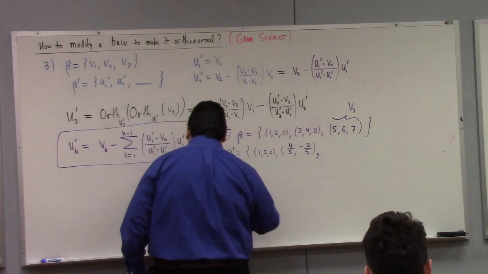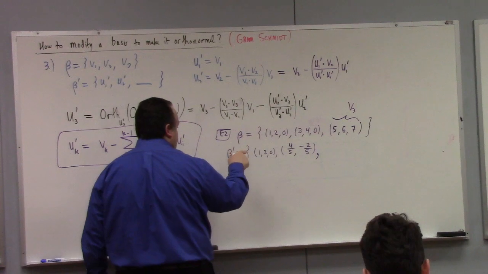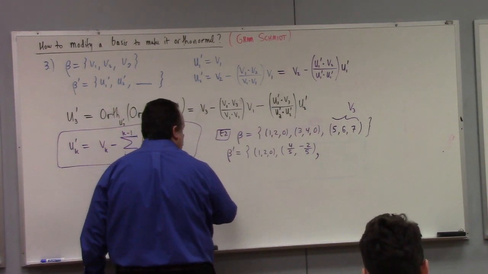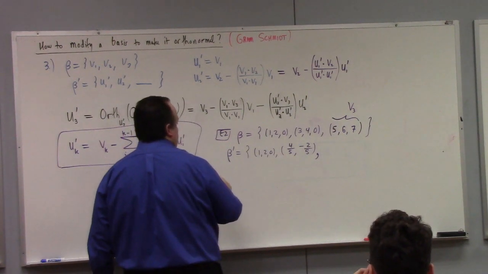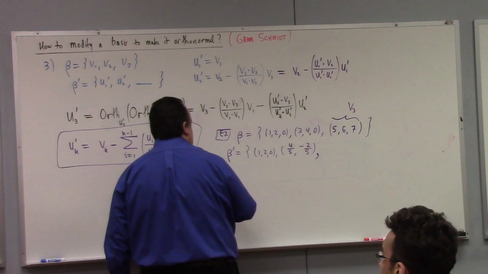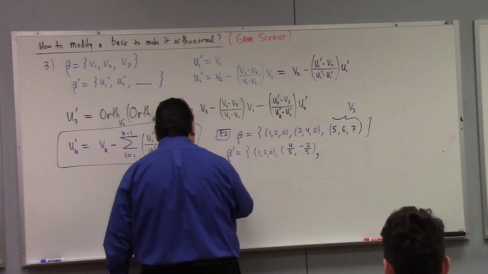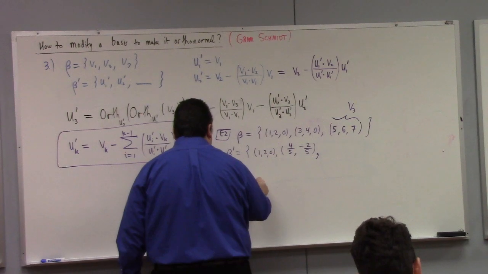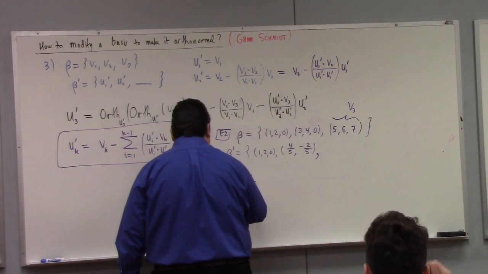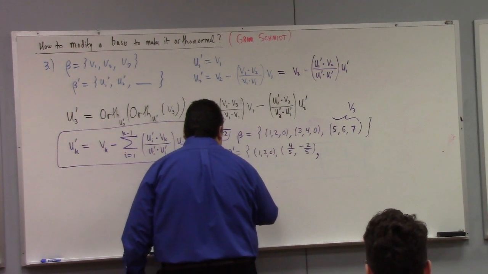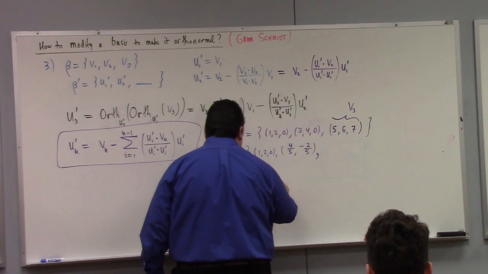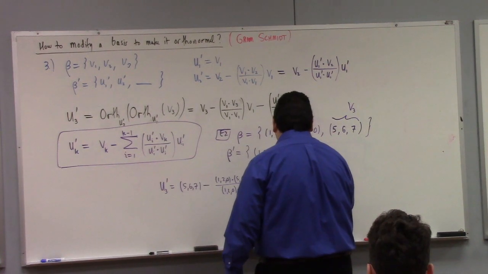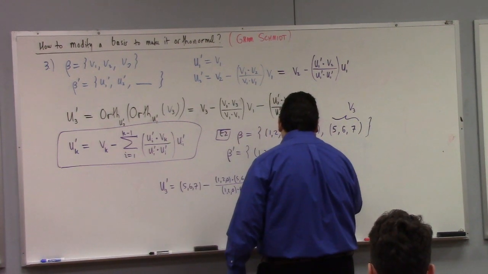let me just write it out. We have the pattern right there. Okay, so v3 was 5, 6, 7 minus 1, 2, 0 dot 5, 6, 7 over 1, 2, 0 dot itself. That goes in the 1, 2, 0 direction. And then minus, and this is where it gets ugly, 4/5, minus 2/5.